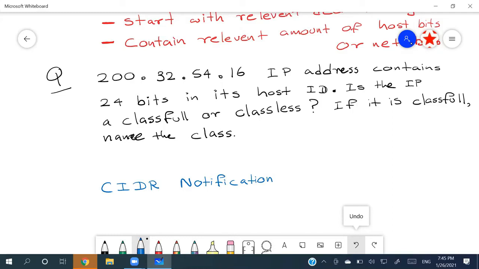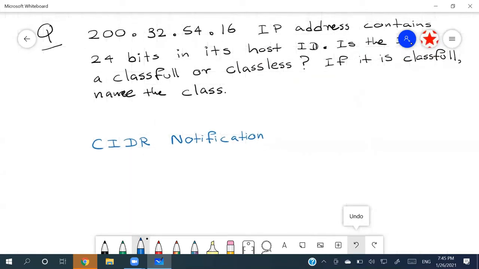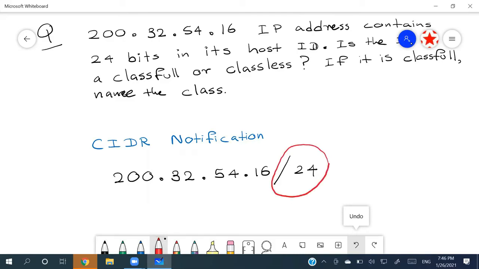If I take the very previous example, the one at the top, 200.32.54.16, I can write that particular example using CIDR in a way like this. Right? So this is what you call CIDR notation.